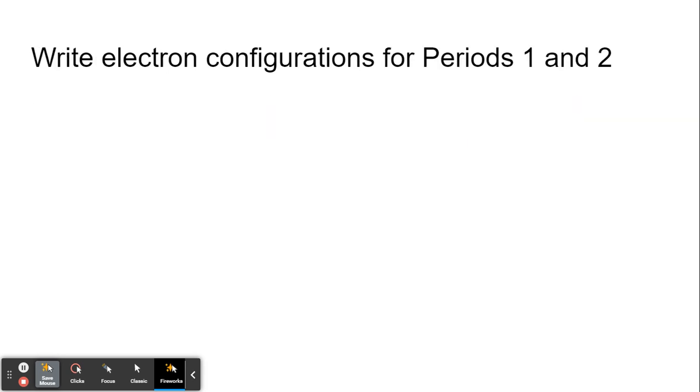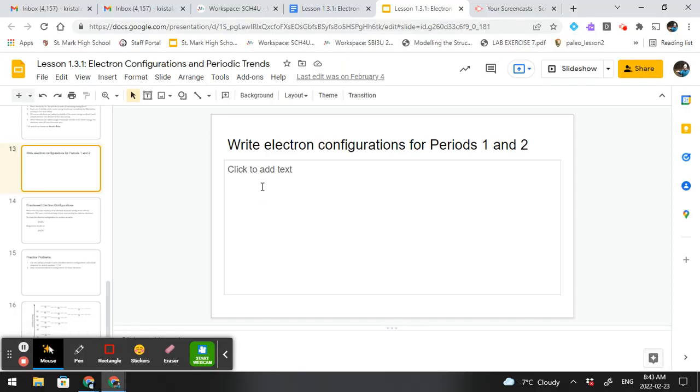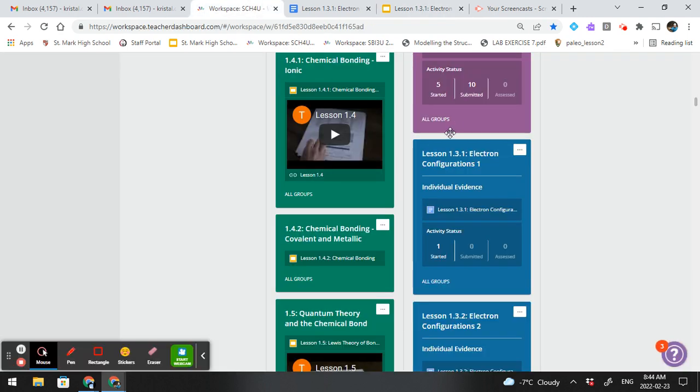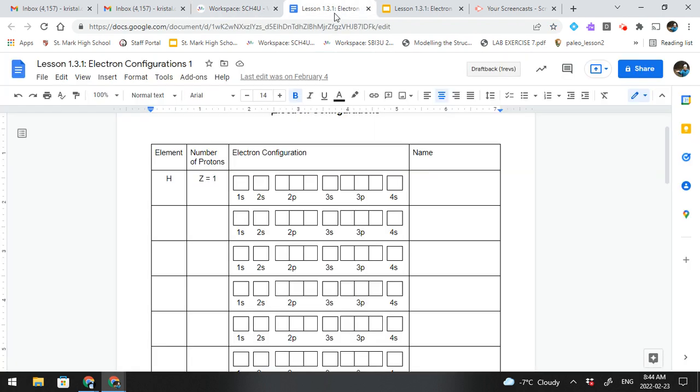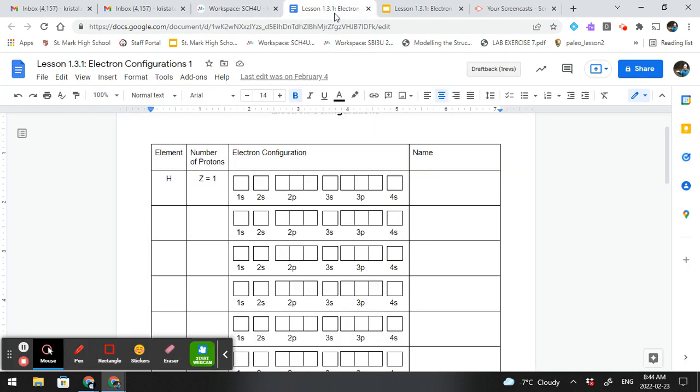We're going to write electron configurations for periods 1 and 2. So for this next part, you're going to want to go back to the workspace. If you open up the card here that says lesson 1.3.1, electron configurations 1, you'll see that there's a doc in there that looks like this.